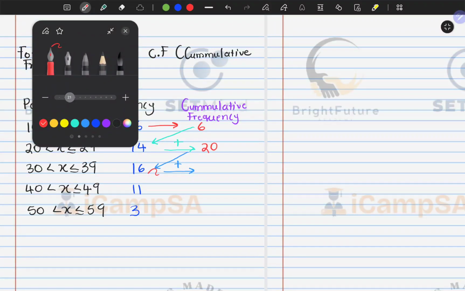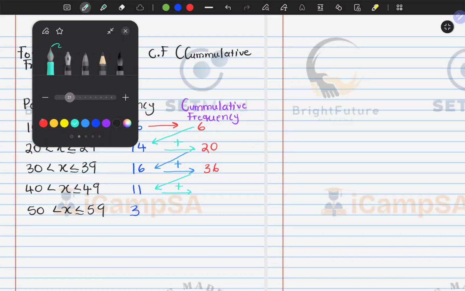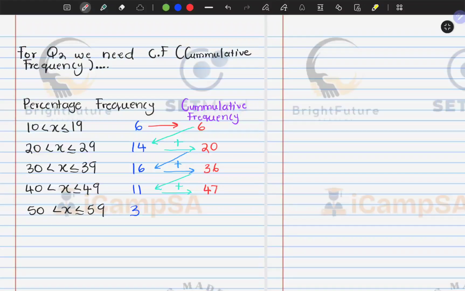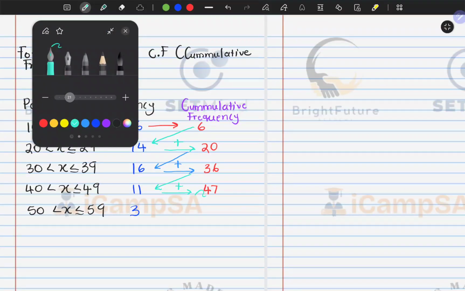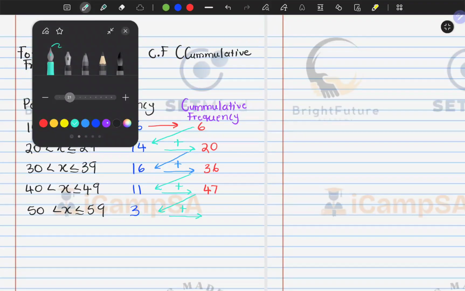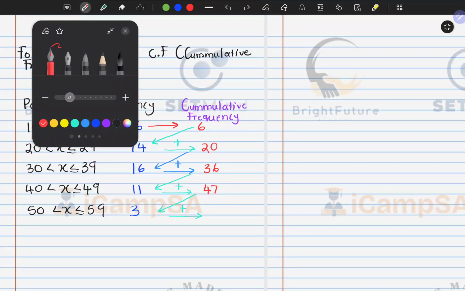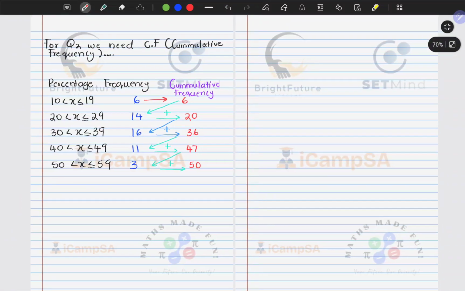And if you observe carefully, 20 plus 16, that should be 36, okay? And then we continue. We take the 36, we go to the 11, we add them. So if you go and say 36 plus 11, you should be able to see that you get 47, okay? Then we do the same, 47 with 3. So you just add 3 to 47. What you end up getting is 50, okay? So we end up getting 50.